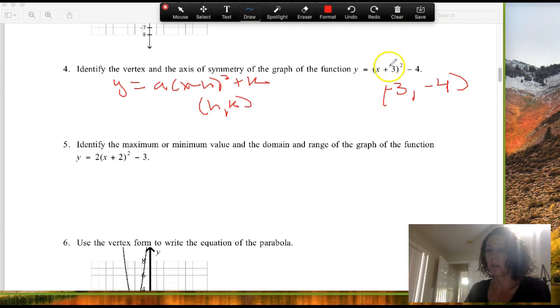So it's always opposite on the inside and then straightforward on the outside. -3, -4. Now my axis of symmetry goes through the x value of my vertex. If I drew this out, -3, -4, it would be here, and the axis of symmetry goes through the x value of my vertex. So this line is going to be x equals -3. There's my vertex, there's my axis of symmetry.